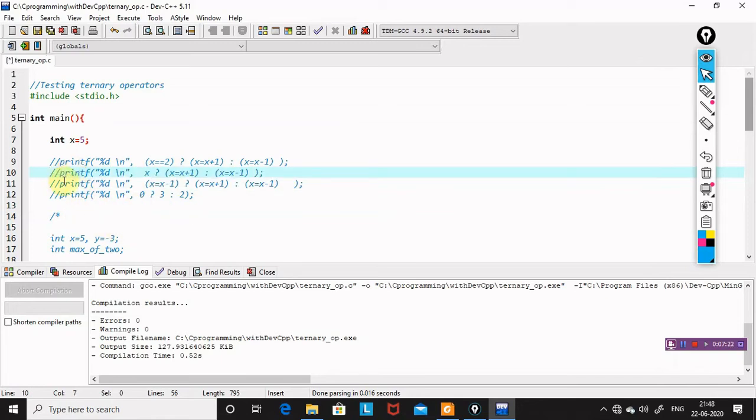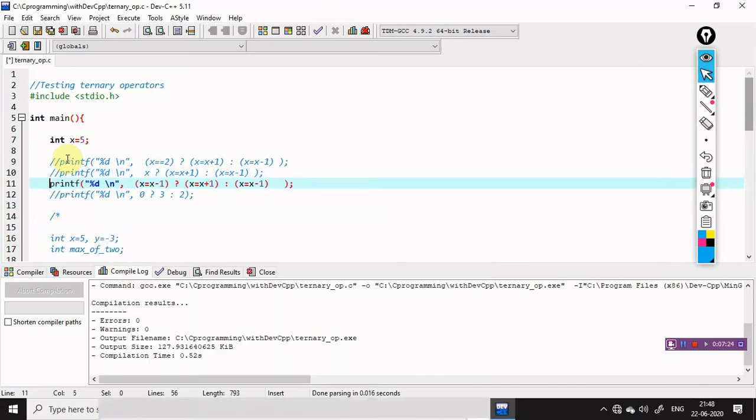So let's see. In the next example, you see the test condition is itself an expression. So it's x is equal to x minus 1. That means the value of x initially was 5, that is being decremented, it becomes 4, and then the condition for true and false is tested.